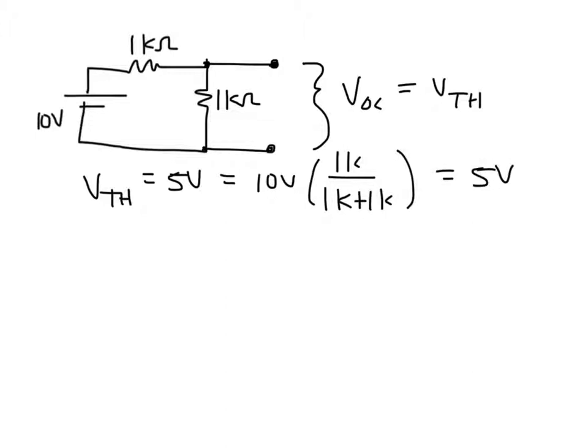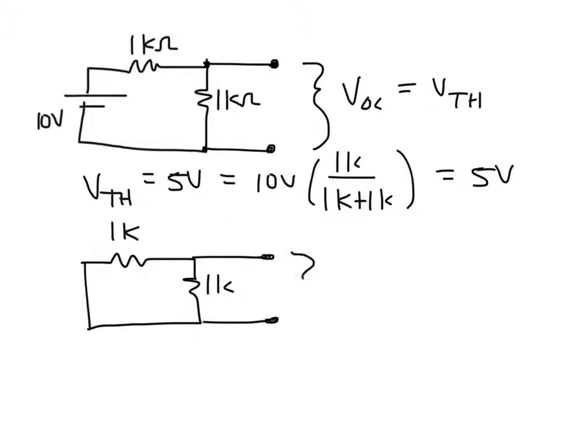Then we try to figure out what the Thevenin resistance is. To do that, we simply replace any batteries in the circuit with a wire. So I'm going to redraw the circuit with a wire in place of that 10-volt battery. Then we want to find the resistance between the two terminals that we care about.